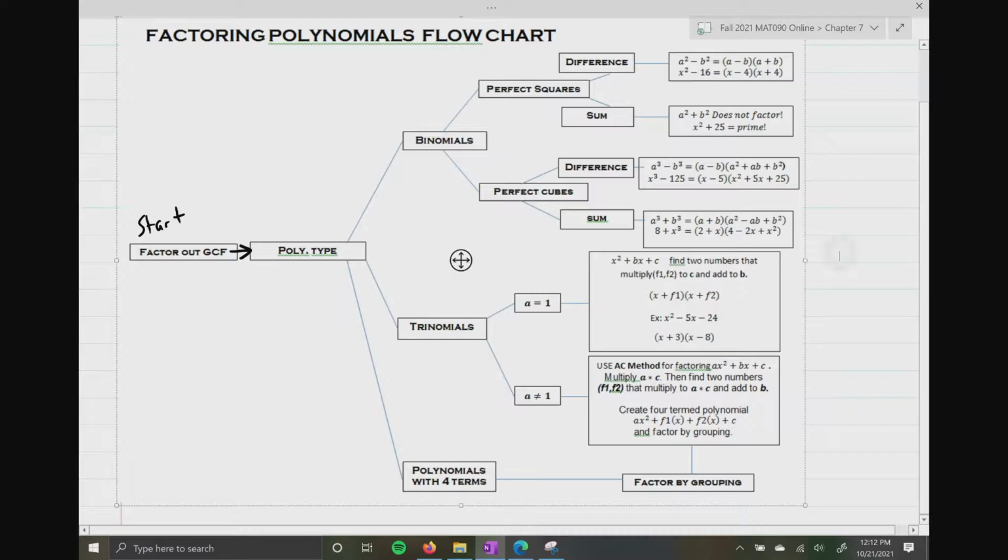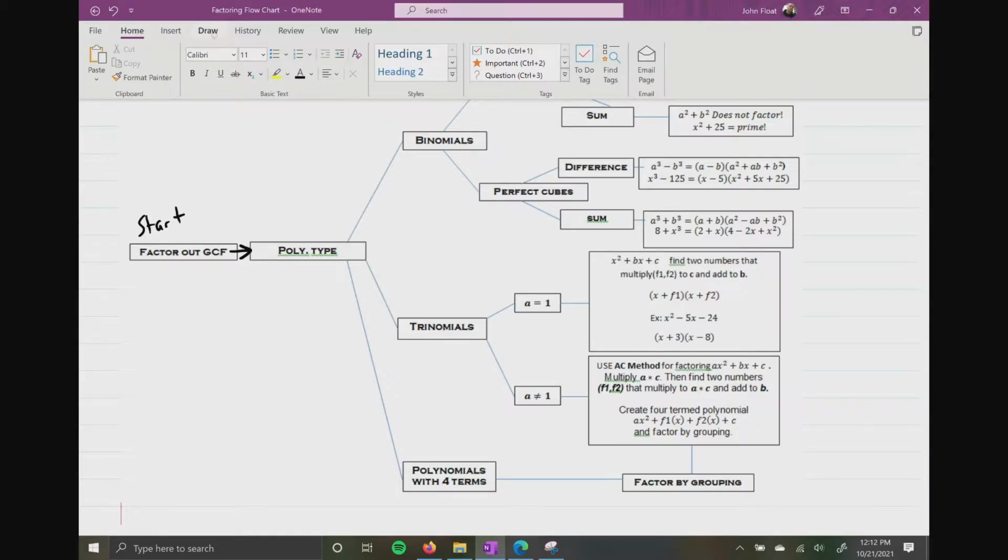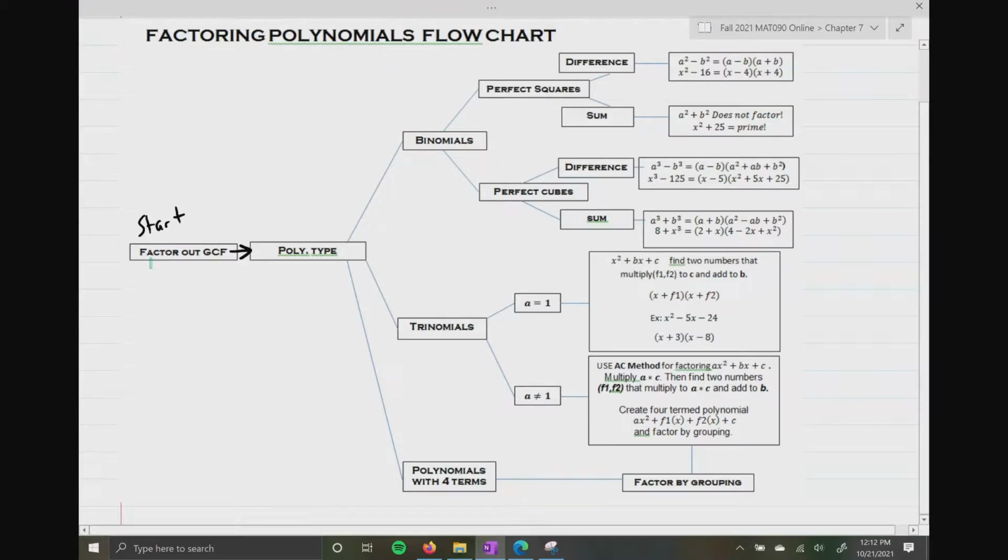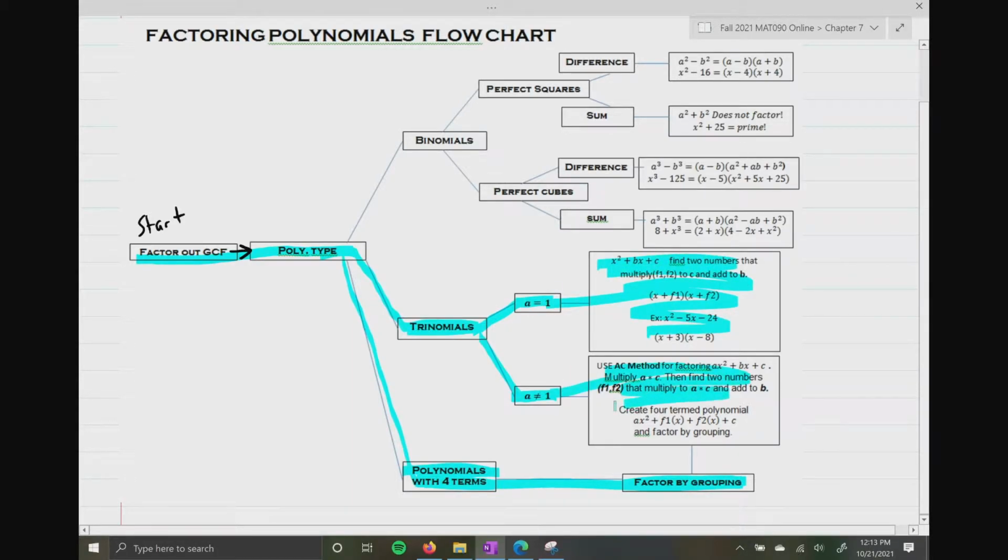So for us right now, what we've learned so far in this class, and I'm going to highlight the pathway here, is we've learned polynomials with four terms, and then we know, well, if there's four terms, we factor by grouping. And we also looked at the case where if you have a trinomial, you can have a equal to 1 or a not equal to 1. Regardless, it tells you exactly what to do. And it even provides a little example there for you.